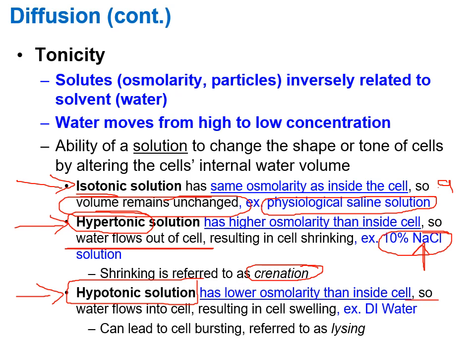So for instance, pure DI water, which is just nothing but H2O molecules, if we expose our body to that, we are not made out of 100% water. So that water has nowhere else to go but into the cell. So in a hypotonic solution, water goes into the cell because the solution has less solutes and more water. And as the water goes flooding in, the cell starts to swell up like a balloon being inflated. And because we have a cell membrane, it could eventually lyse or pop open.